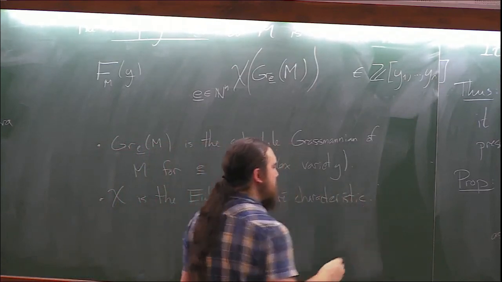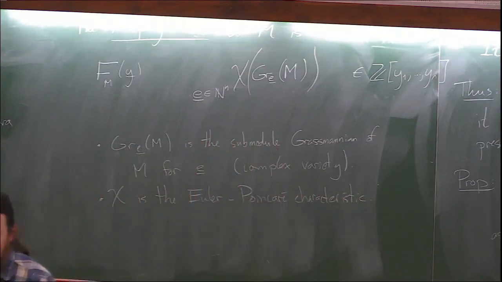Laurent has given nice tools in order to compute Euler characteristics. The Euler characteristic of the empty set is 0, of a point is 1, of an affine space is 1, of a projective space P^n, it's n plus 1. If you have two disjoint constructible subsets, then the Euler characteristic of their union is the sum of the Euler characteristics, and so on.